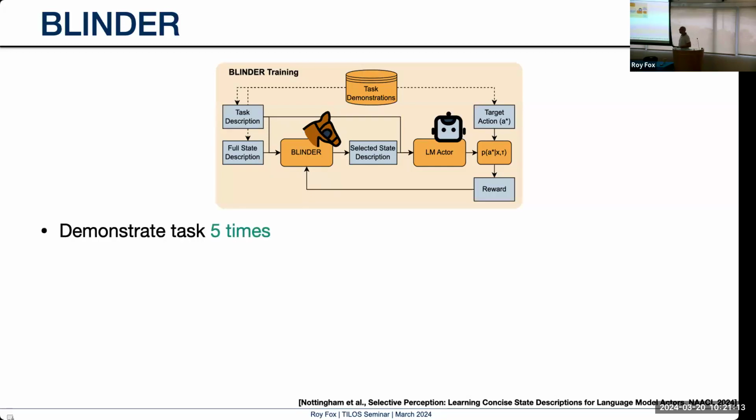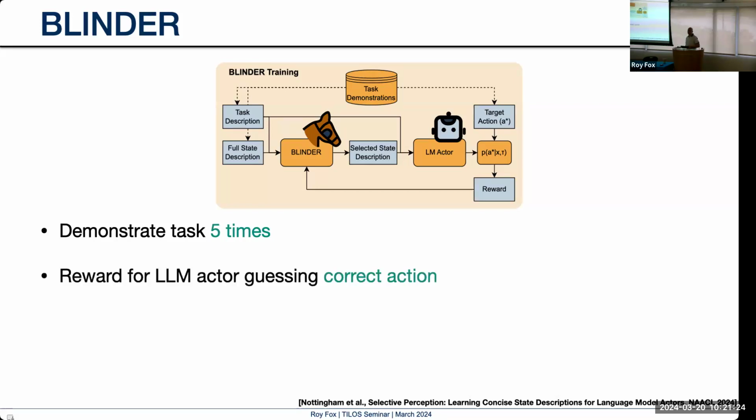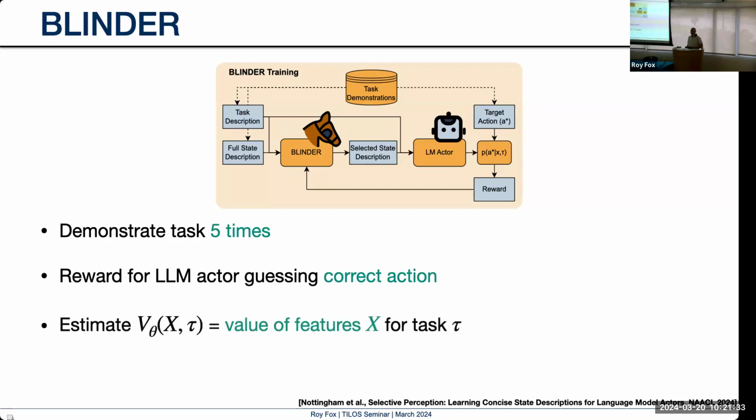So we start by collecting some successful demonstrations of the task. We don't need much. We need, in this case, just 5 demonstrations of the task where the actions are correct. Then we're saying, okay, what's the probability of the language actor to take these correct actions? And we get a reward for doing so. And so we can now look at our expected future accumulated reward from adding one feature into our state features.